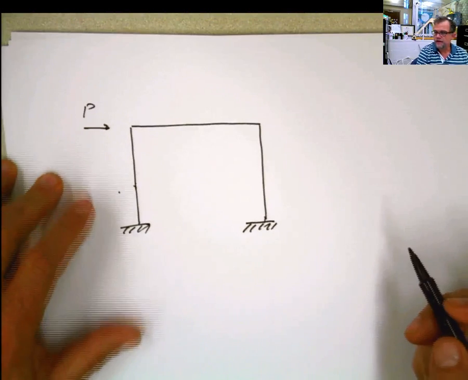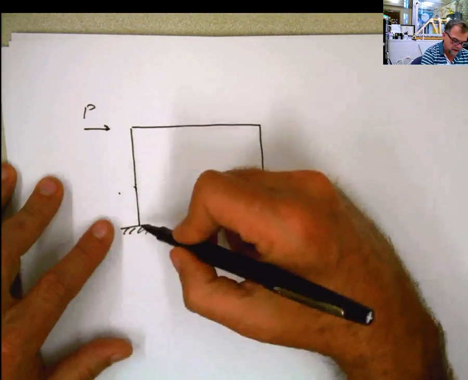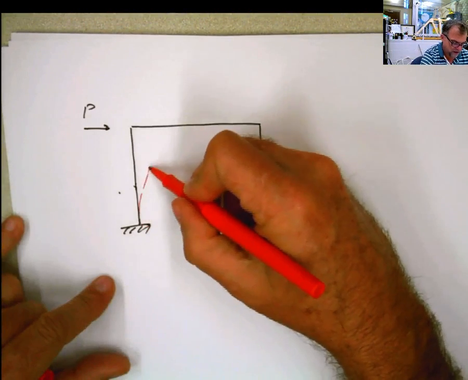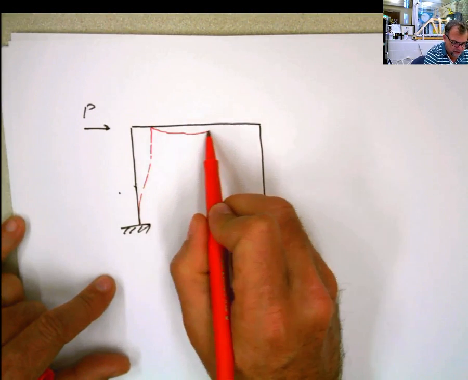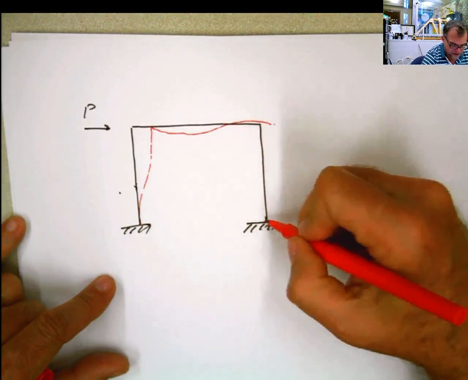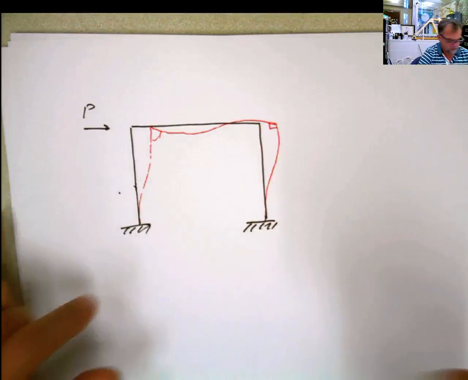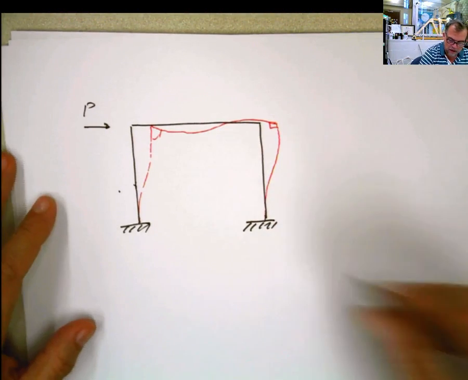So if we have the same lateral point load at that point, then the deflected shape of this structure is going to be something like that, and then something like that, and here it's going to go like that also. And how many reactions do you have?